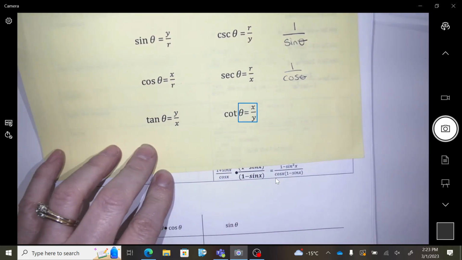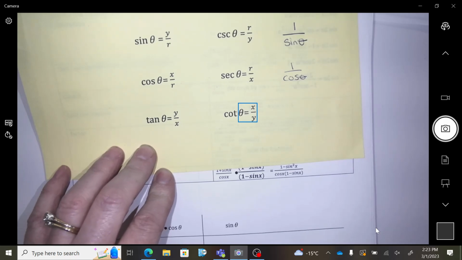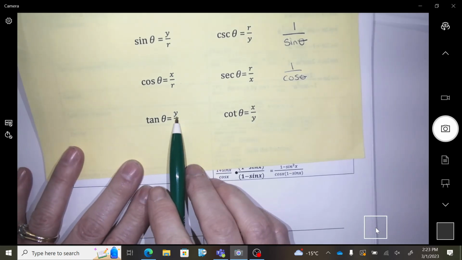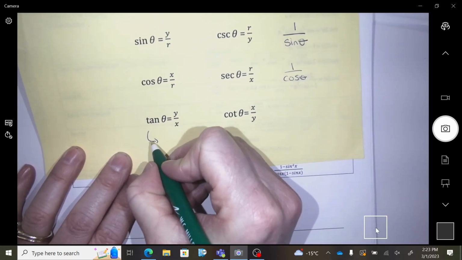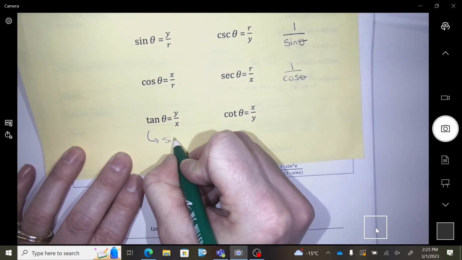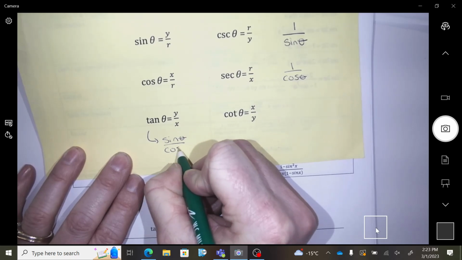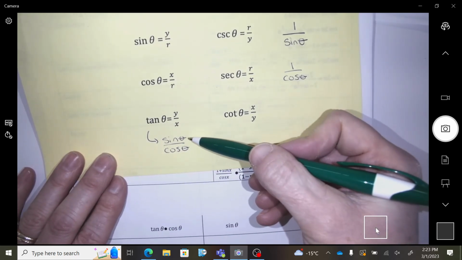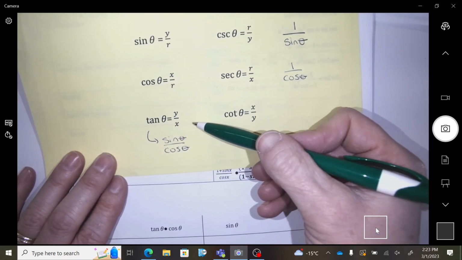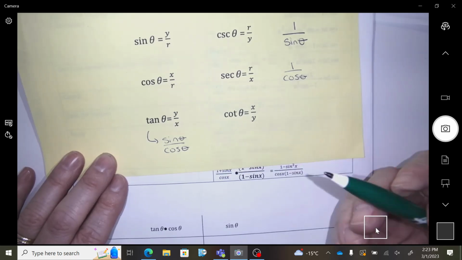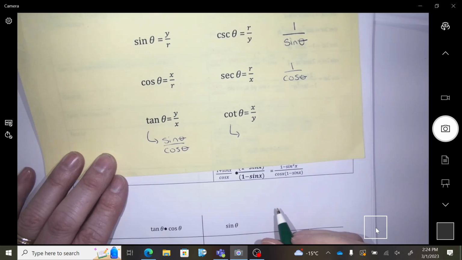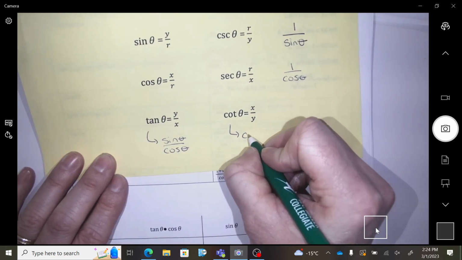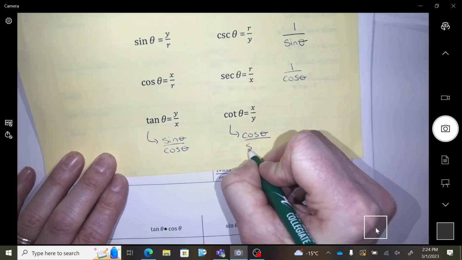Now, tan is a y over an x, which could be substituted with sine theta over cos theta. Right? The sine trig value is the y, and the cos trig value is the x. Therefore, cotangent could also be replaced with cos theta over sine theta.